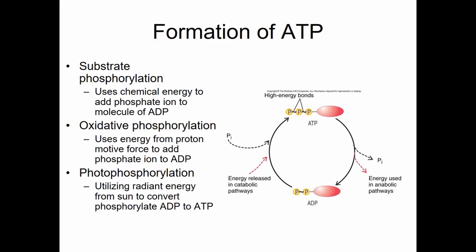Oxidative phosphorylation, on the other hand, in this case we're going to use the energy from a proton motive force to add the phosphate ion to make the ATP. If you have heard of the electron transport chain, that is completing oxidative phosphorylation. It's making ATP, but it's an indirect way of making ATP.